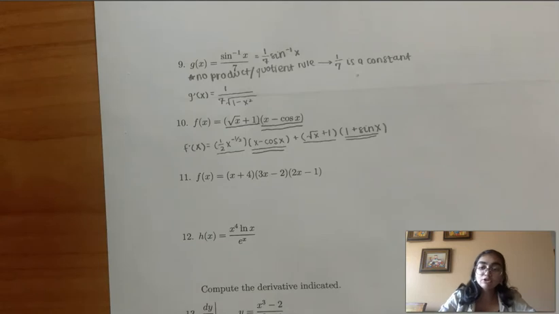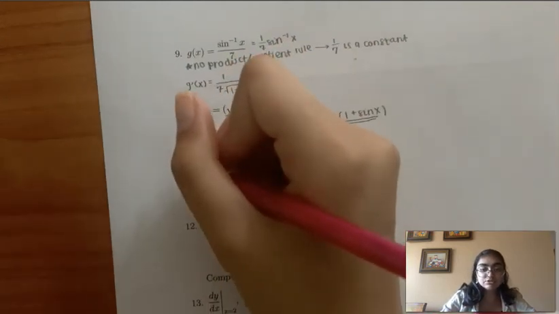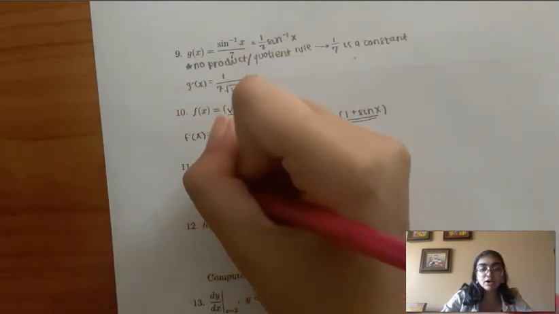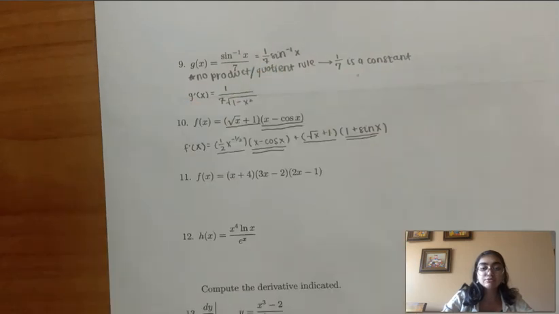Number 11 is a little bit more complicated because we have a product, except this time we have 3 components of a product. We have 3 things being multiplied. So I like to call this the triple product rule.